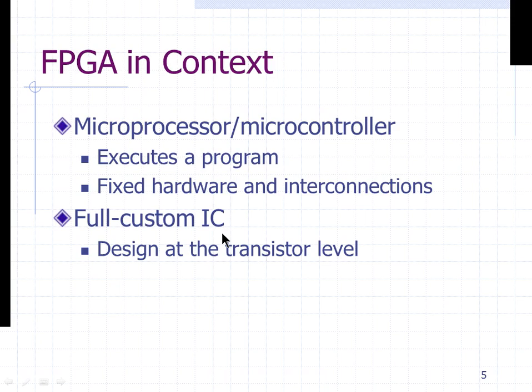Then you have full custom or semi-custom, which is called ASICs, application specific IC design. Application specific IC design also falls under two subcategories: full custom ASIC and semi-custom ASIC. In full custom ASIC or full custom IC design, as we call it, the design will be done at the CMOS transistor level.